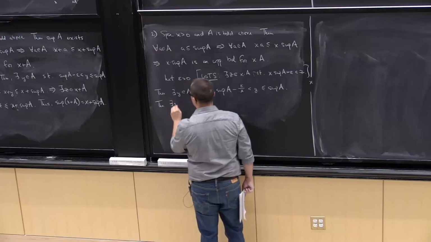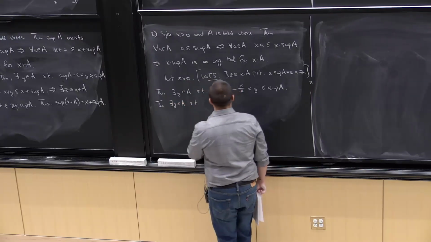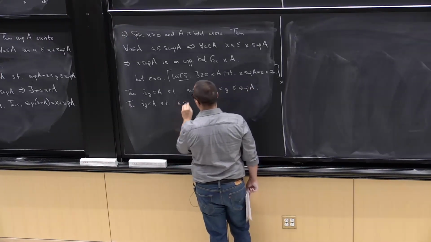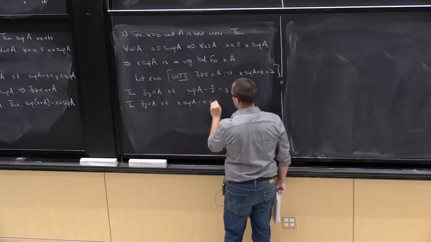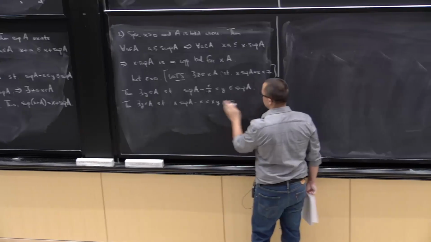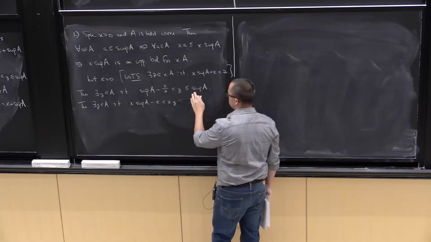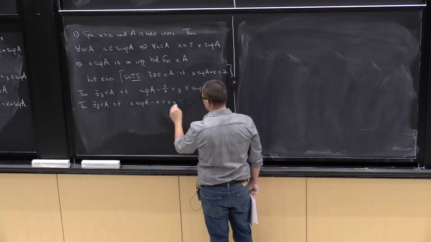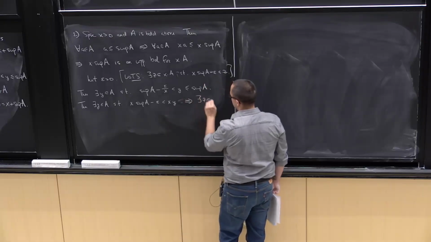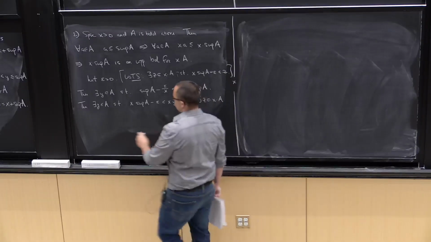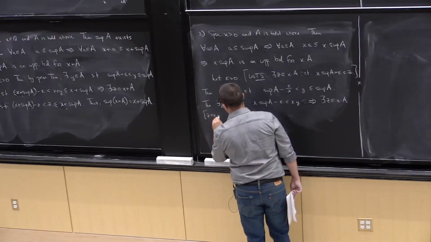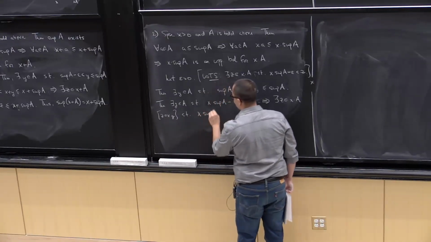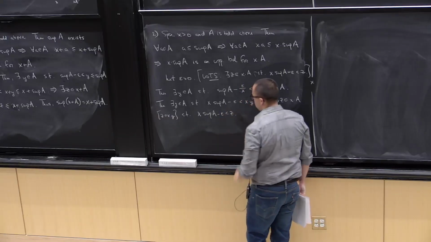Then that means there exists a y in A such that if I multiply through by x, I get x times sup A minus epsilon is less than x times y, which is less than, so I'm going to stop writing this inequality because this is always true because x times sup A is bigger than or equal to x times y, which implies there exists a z in x times A, namely z equals x times y, where y is from here, such that x times sup A minus epsilon is less than z.